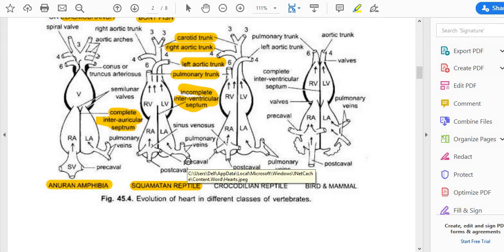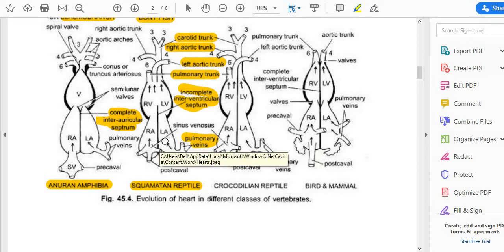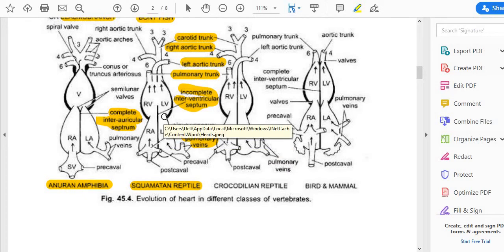The blood enters the left auricle through the pulmonary veins. The pulmonary veins carry oxygenated blood from the lungs and pour it inside the left auricle. Because the septum is completely divided, there is no mixing of blood inside the auricle, but when the blood reaches the ventricle, because the septum is not completely dividing the ventricles, there is mixing of pure and impure blood.